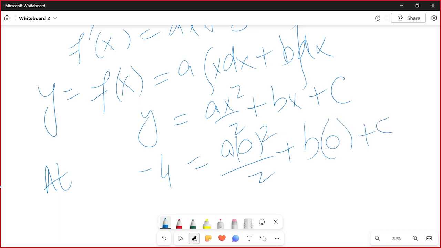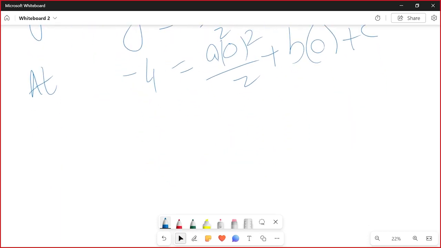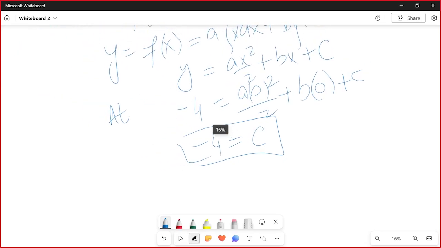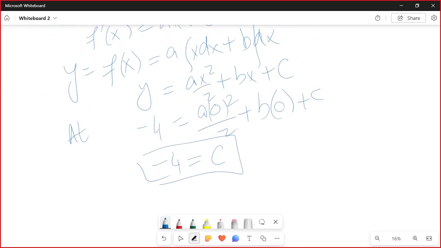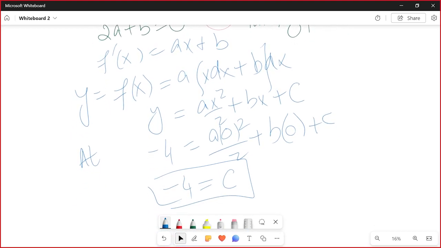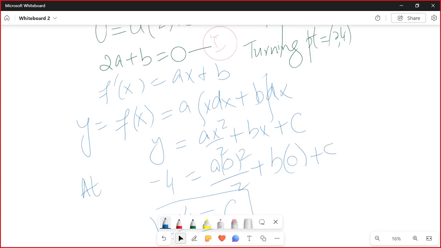So what we get then? c would just be -4. So our equation is now c is equal to minus 4. Okay, that is done.